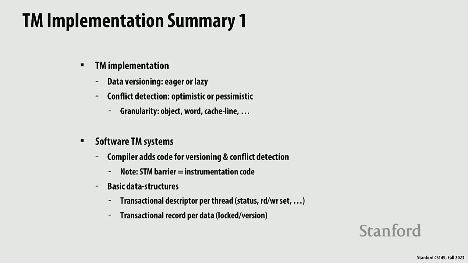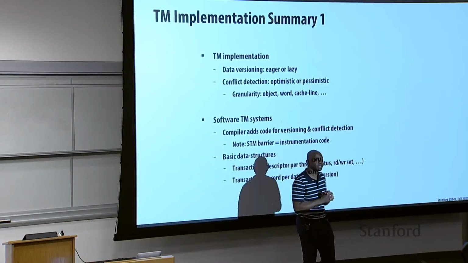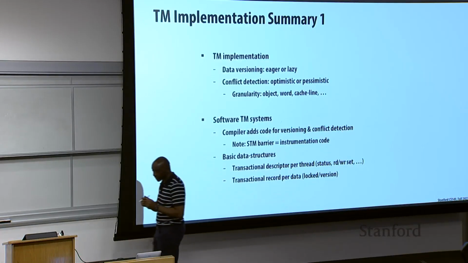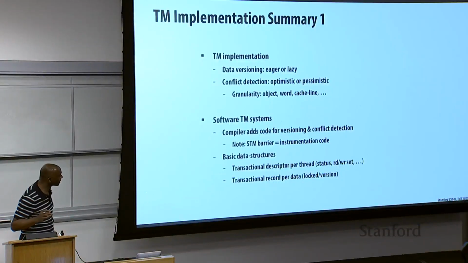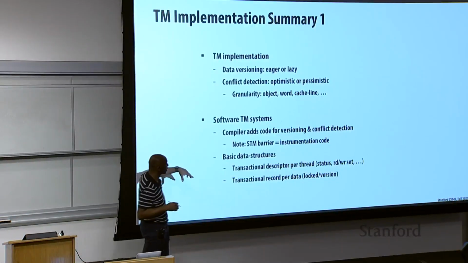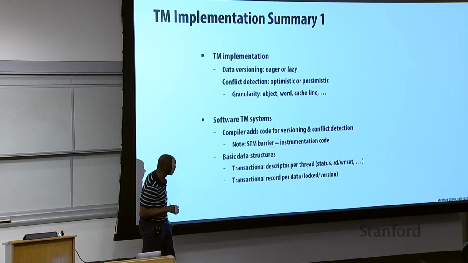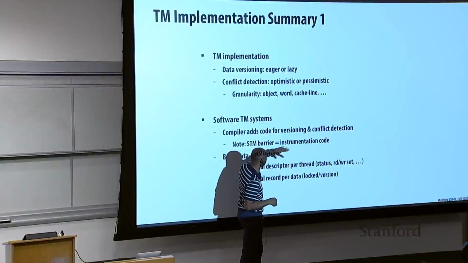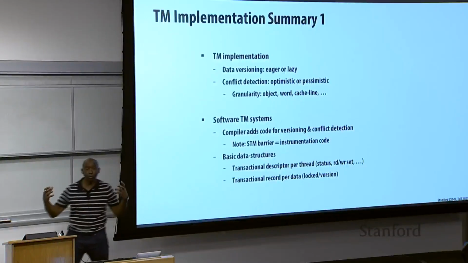All right, then to summarize, we've talked about the various options for TM implementation. We can be optimistic or pessimistic in terms of contention. We can be lazy or eager in terms of data versioning. With the software TM systems, typically the compiler or the virtual memory system adds these software transactional memory barriers, or instrumentation code, to call into the transactional memory system to do the bookkeeping.